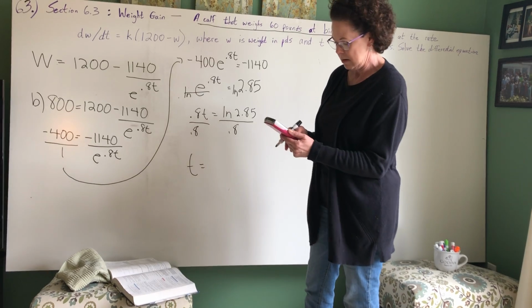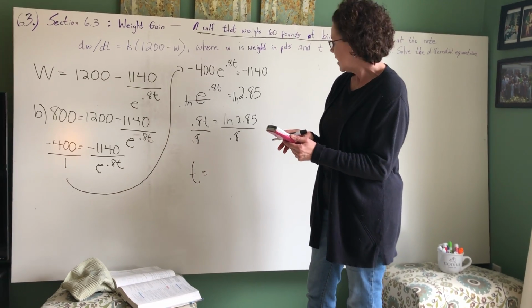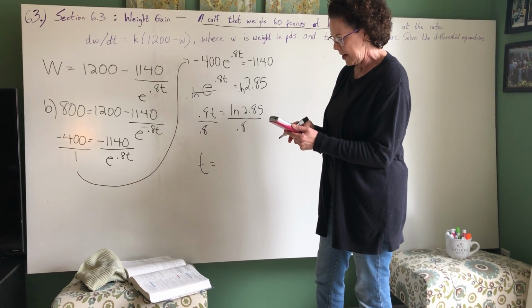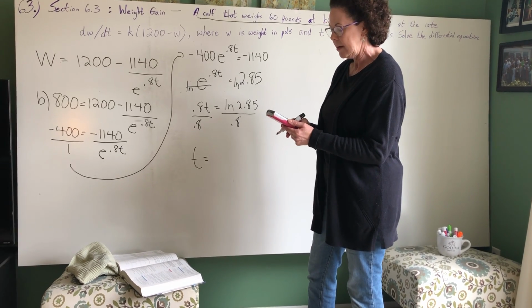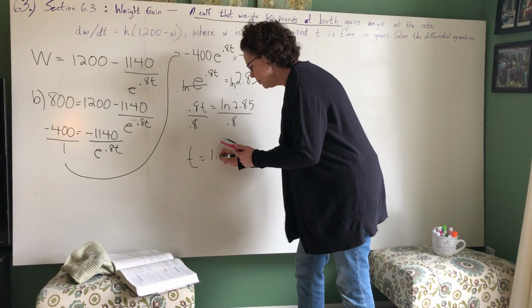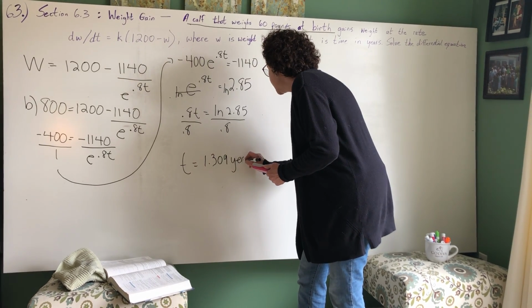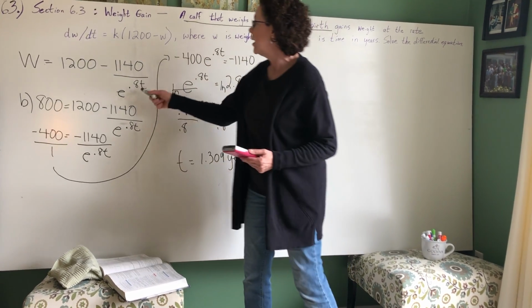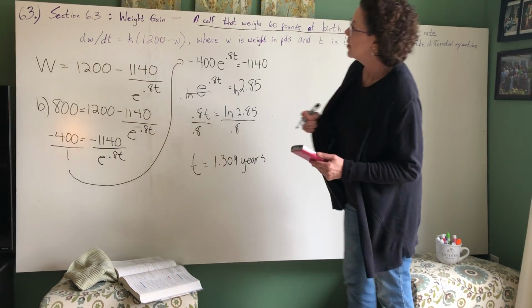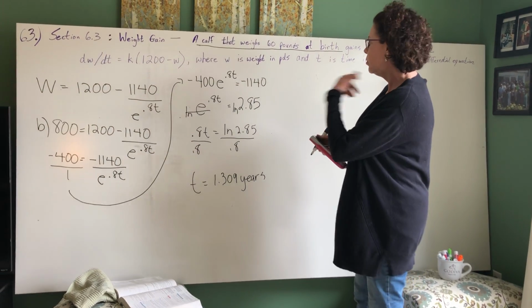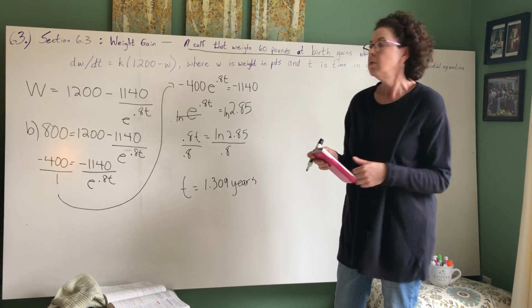Let's pop that in. The natural log of 2.85 divided by 0.8. And so that would be at 1.309 years. That is when k is 0.8, that is when the calf would weigh 800 pounds.